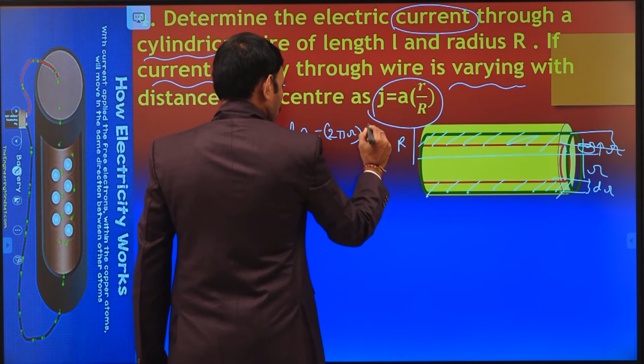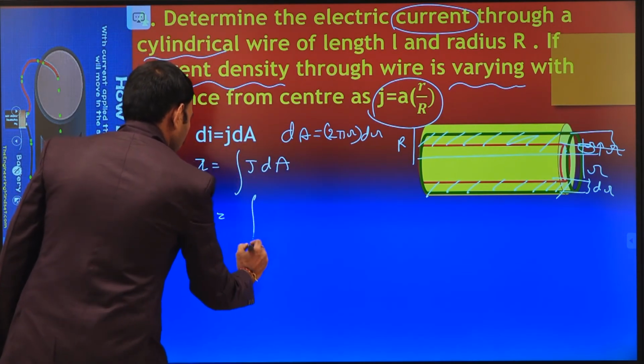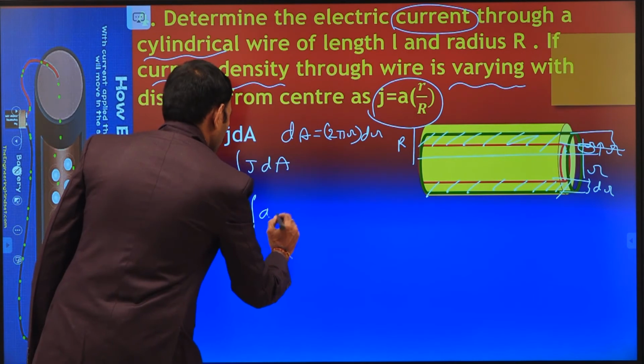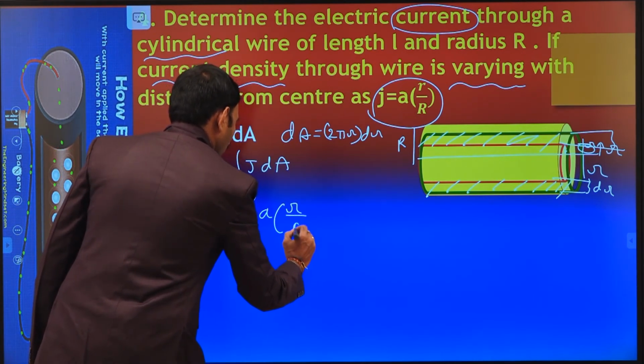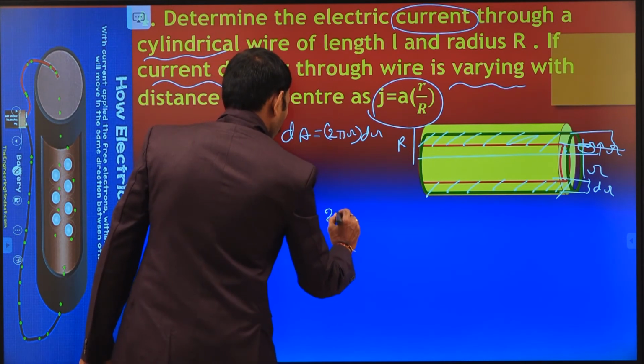So substitute dA and J in this formula to calculate the current. J is equal to A into small r divided by capital R, and dA is equal to 2 pi r dr.